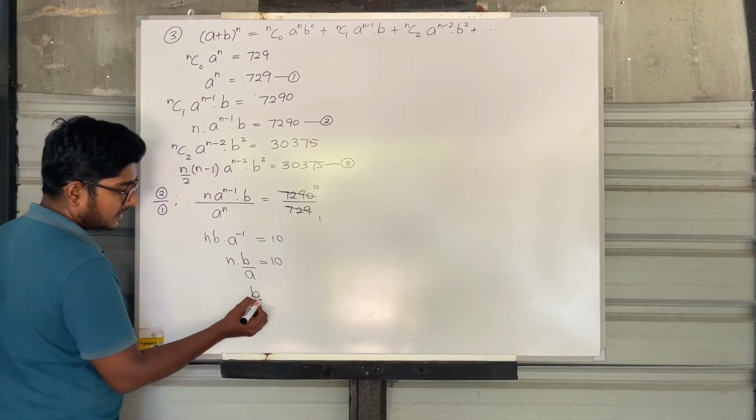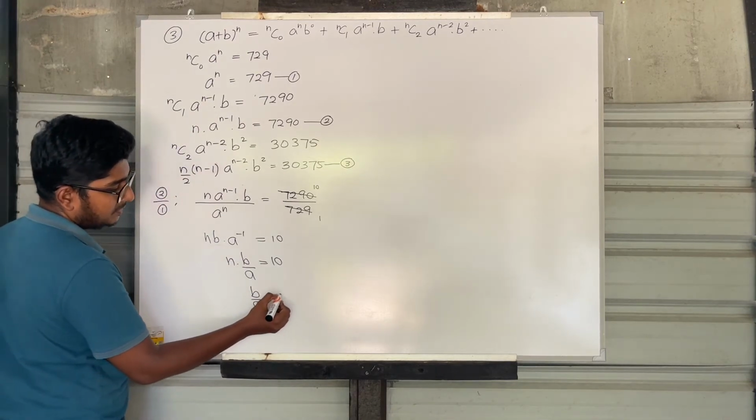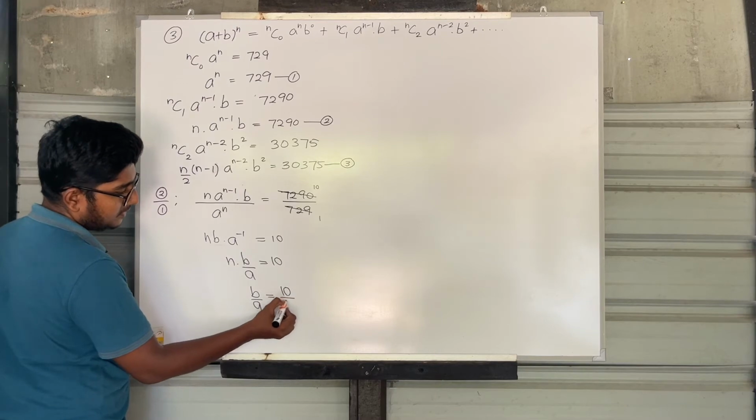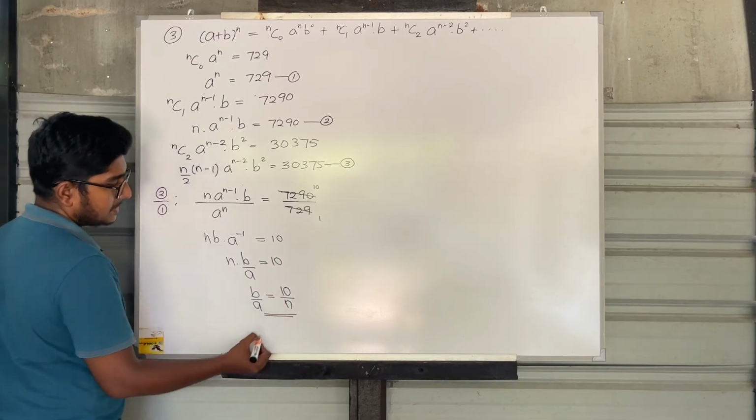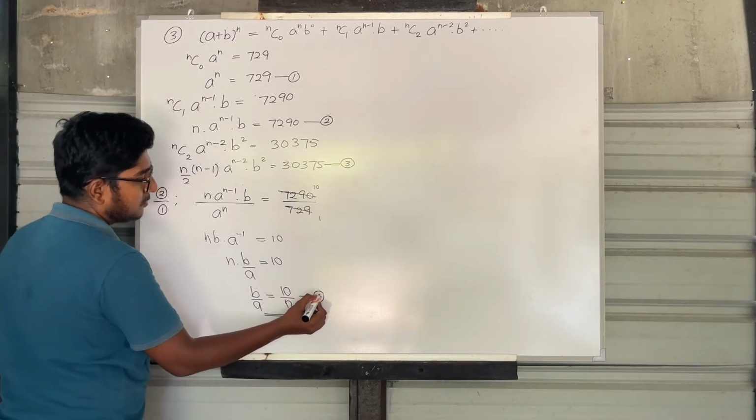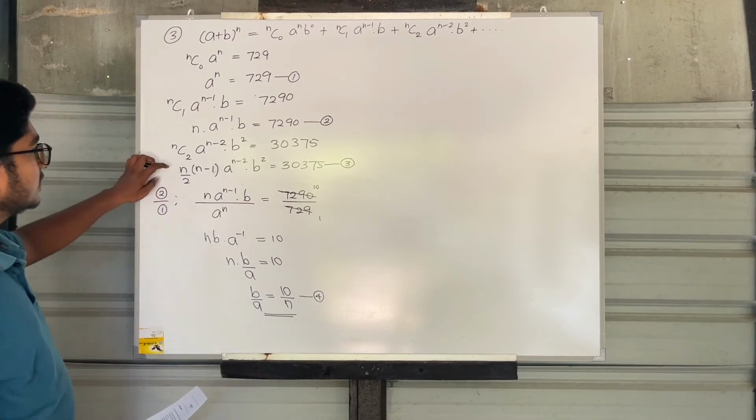b to the power b over a can be taken as 10 divided by n. Let's take this as 4. Now divide 3 and 2.